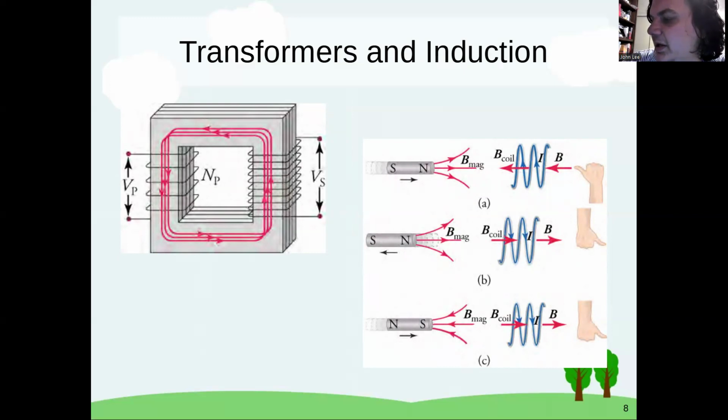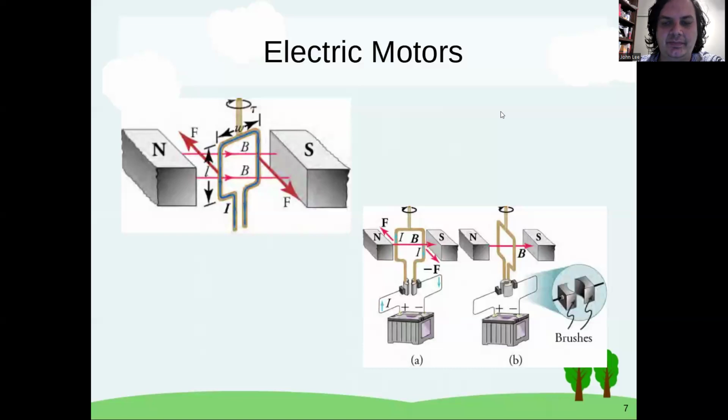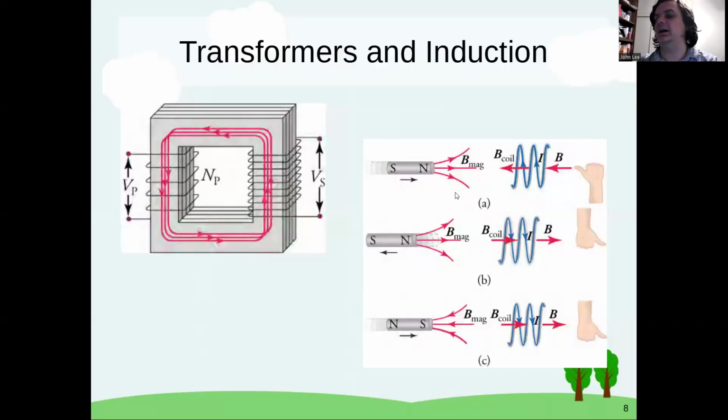The important part is that magnetic flux is given by B times A times cosine theta, where theta is the angle between the normal of the face and the magnetic field. So flux is B times A times cosine theta.